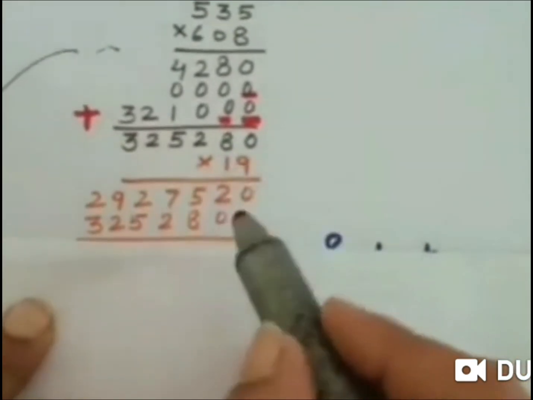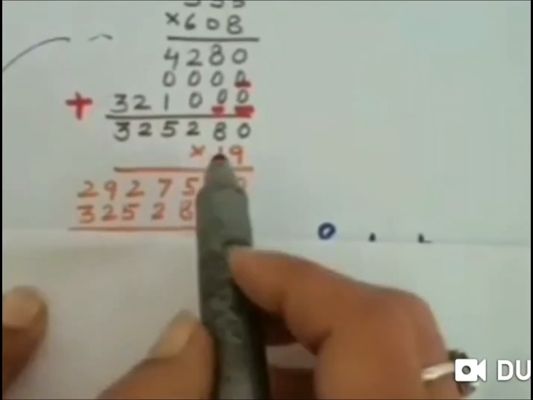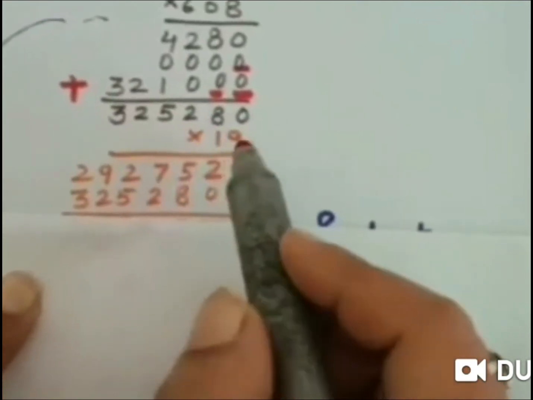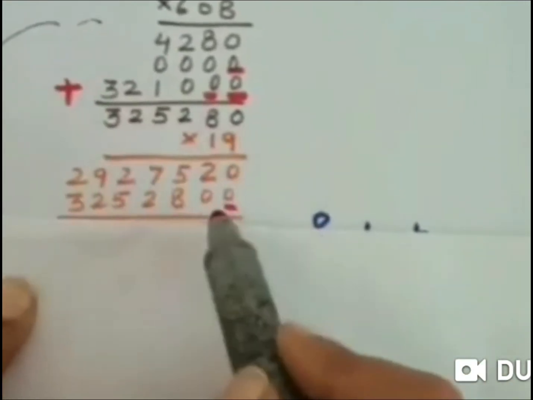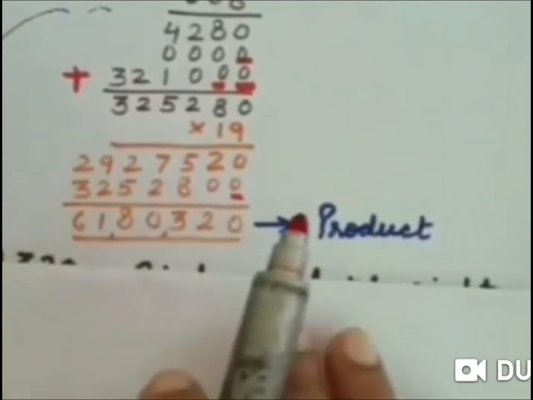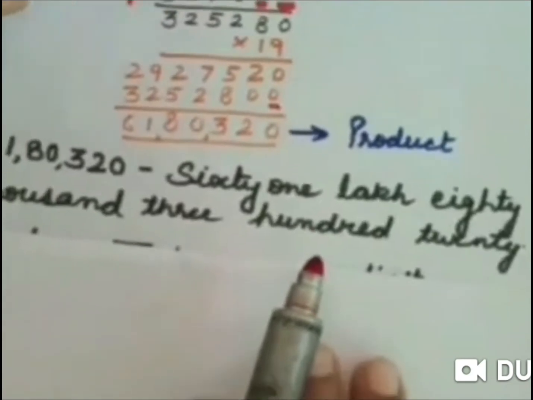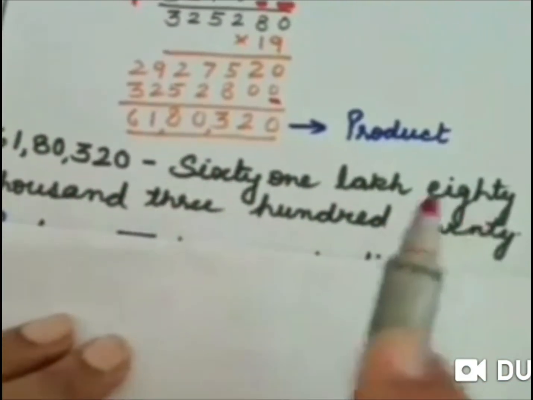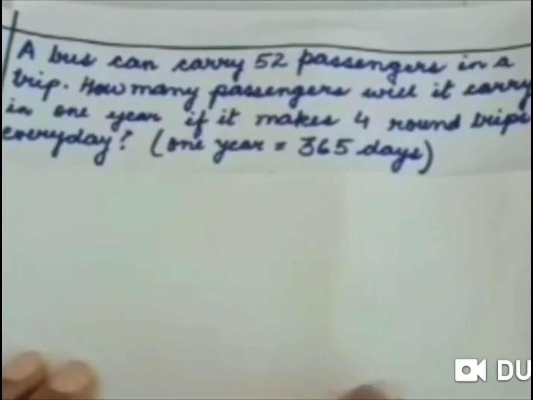Now 1 is at tens place, so first putting 0 for the ones place and then multiplying by 1. As you know, a number multiplied by 1, the product is the number itself, so copying the same number again. Now adding these two, I got 61,80,320. Now this product is to be written in words also, so 61,80,320. On to the next question.